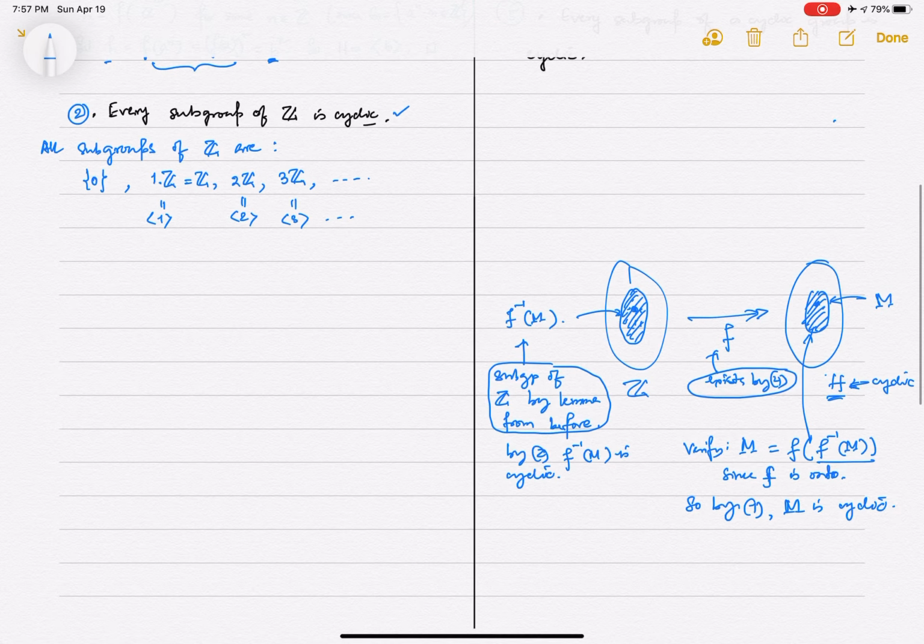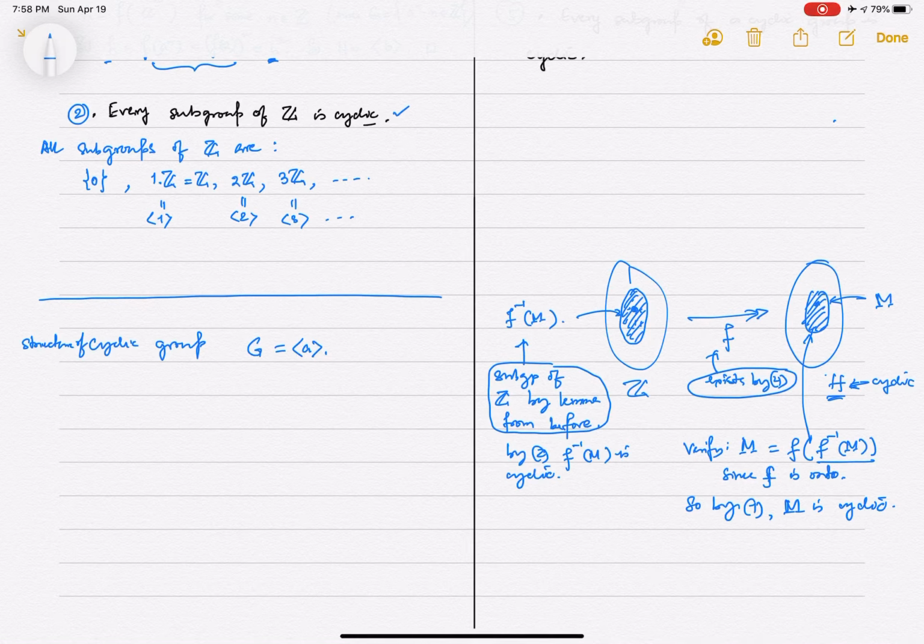Maybe I should talk quickly about the structure of cyclic groups in general. Structure of cyclic groups. G, generated by some element A, let's say. So case 1, when G is infinite, how does this group look like?